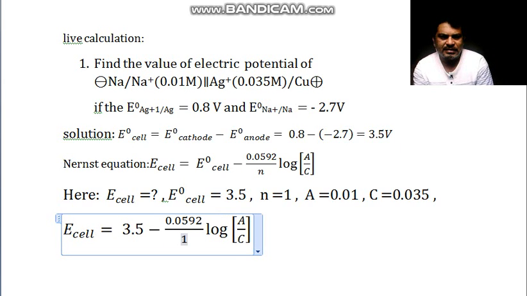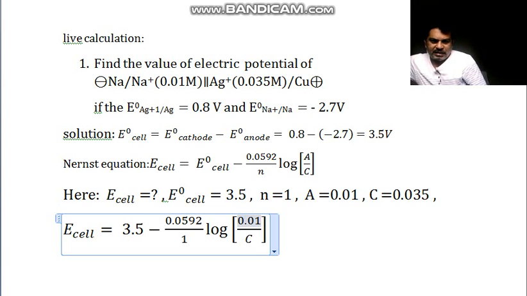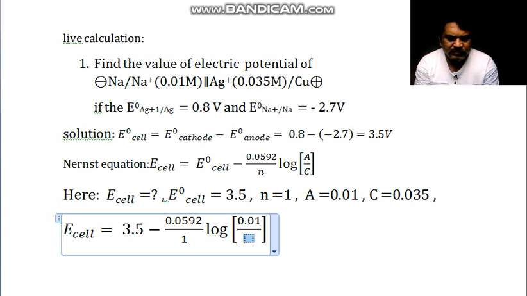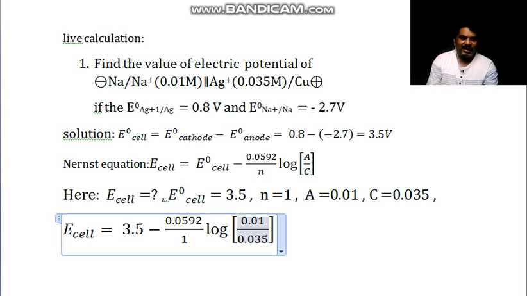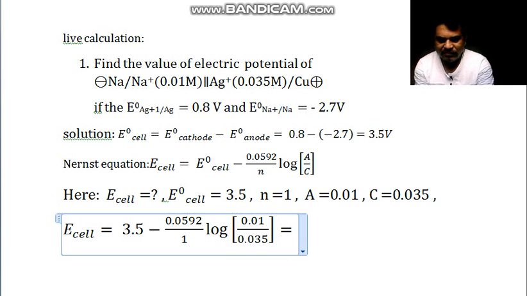Then the anode value is 0.01 and the cathode value is 0.035.